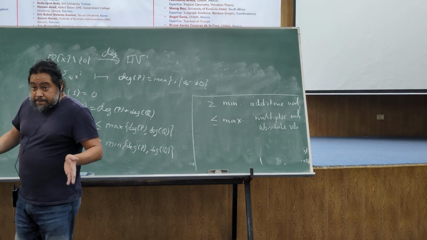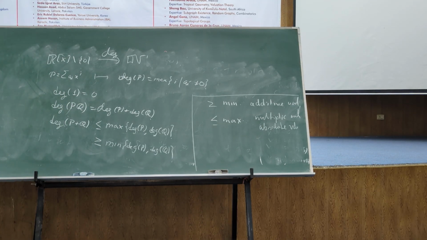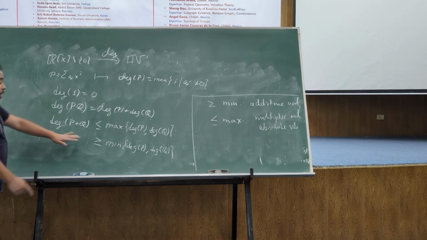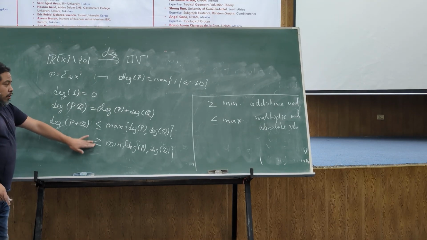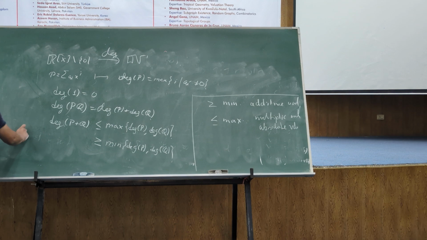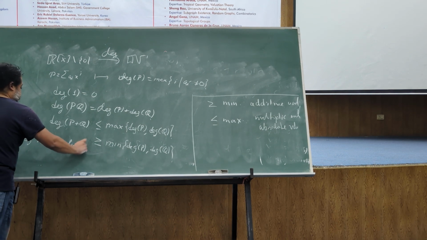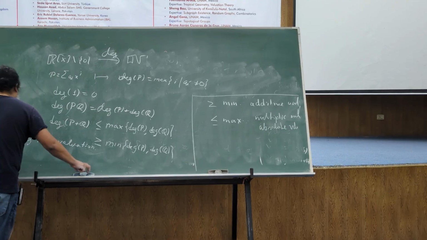But they are the same thing, just a change of notation. Do you have any doubts? So, degree is a valuation, even if it obeys this rule rather than this.